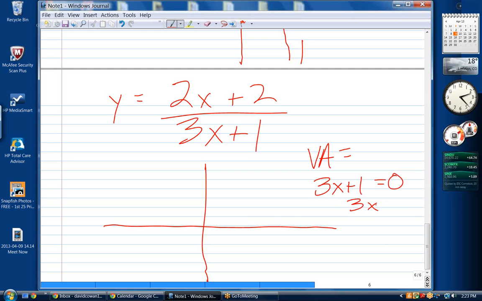Oh, so it's -4. It's negative 1/3. Right. Or, I mean -1/3. I'm sorry. Which means there's your vertical asymptote at negative 1/3. And what's the horizontal asymptote? 2/3. Yes.